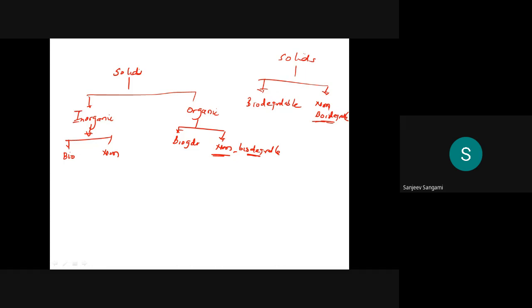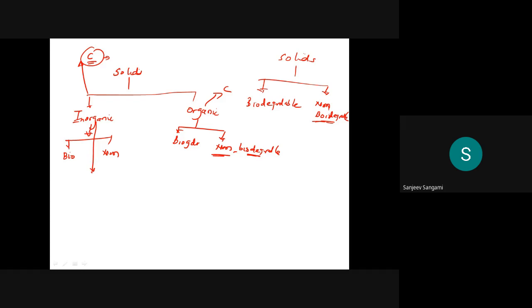Inorganic means it does not contain carbon. Organic, carbon will be there. One thing we have to conclude is that not all inorganics are non-biodegradable.